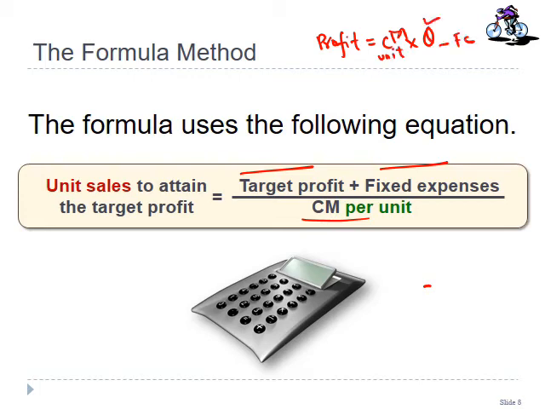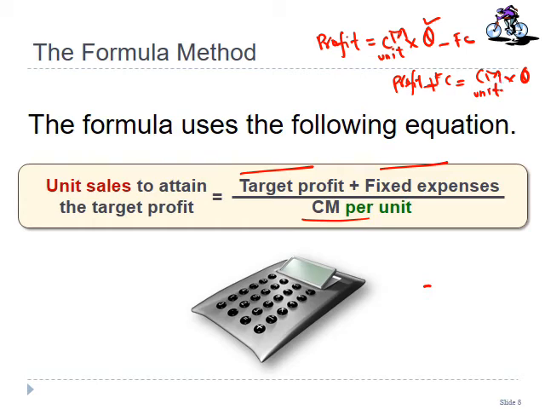If you solve for Q, you just move the fixed cost to the other side. So we have profit plus fixed cost is equal to CM multiplied by quantity, that is in units.